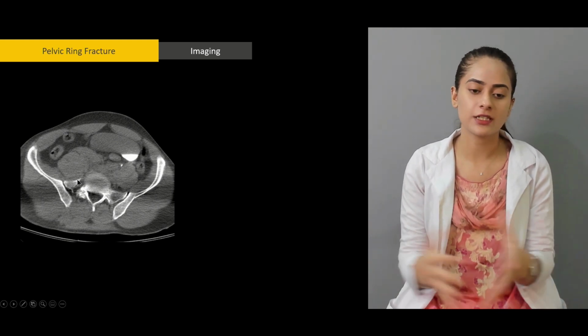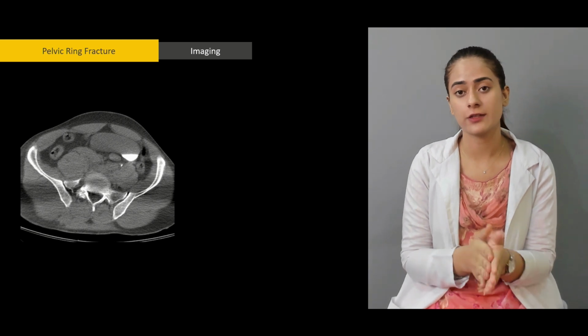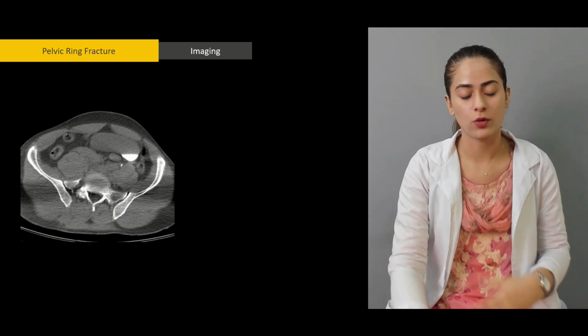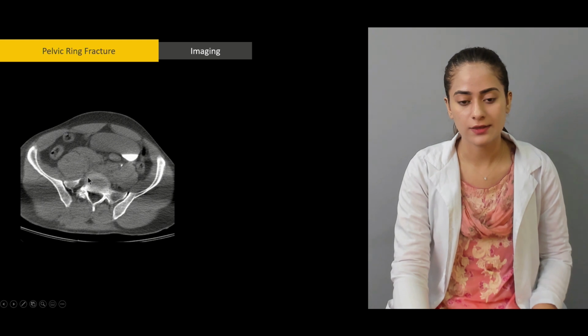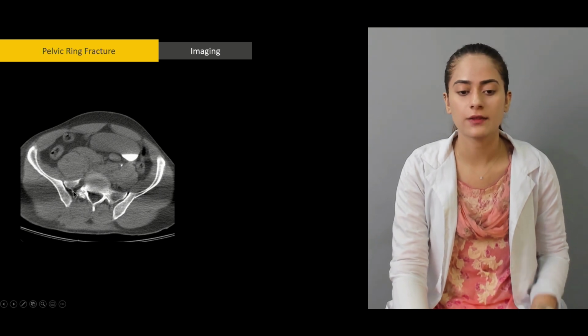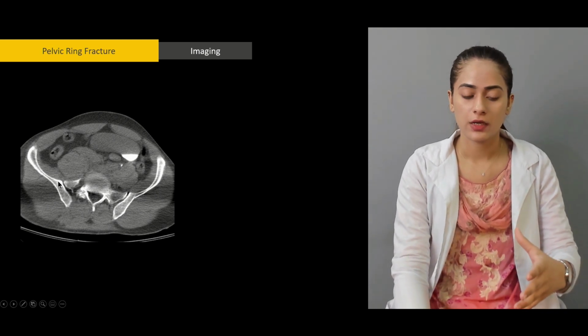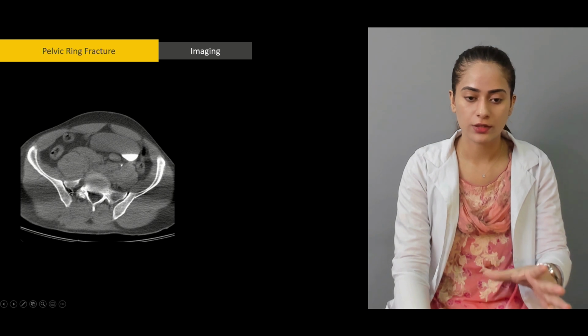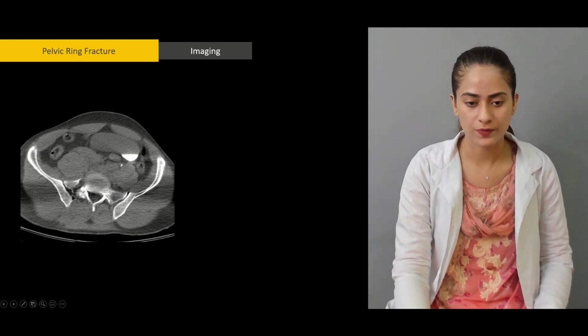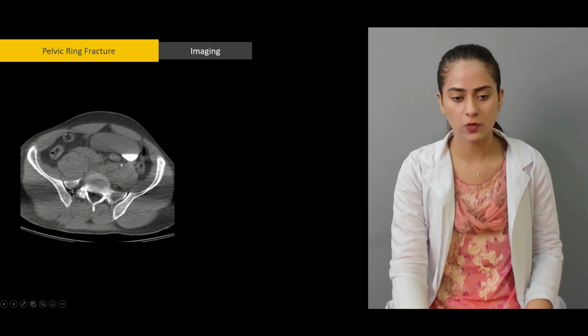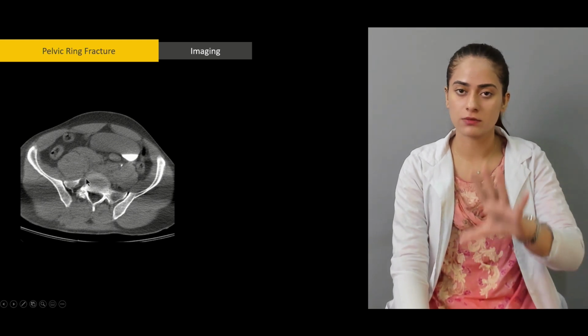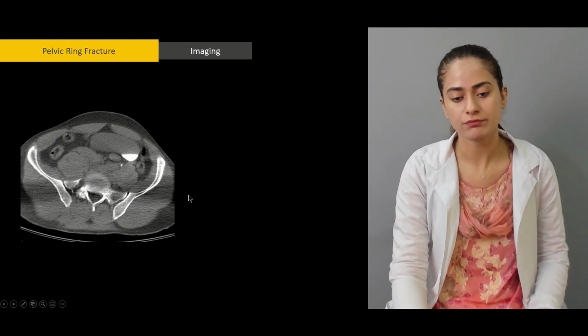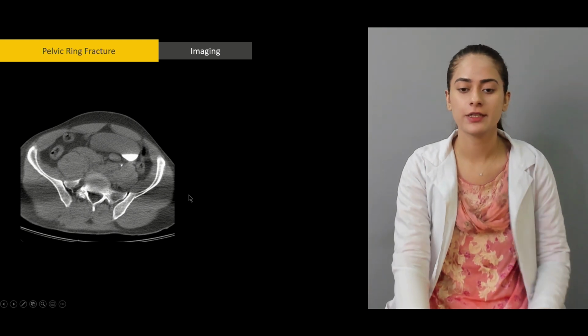Again, it's very easy to pick up pelvis fractures because you always have something to compare it with. So this is the vertebral body, the spinous process, and then this is the entire fracture site, and at the sacroiliac joint there is some increase in the joint space as well, but the main focus here should be this, which anyone can pick up really.